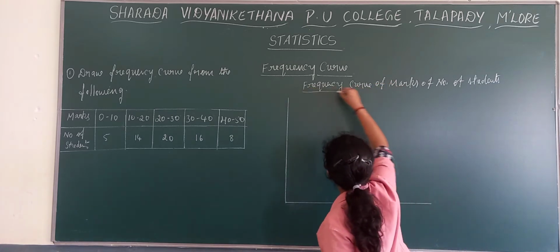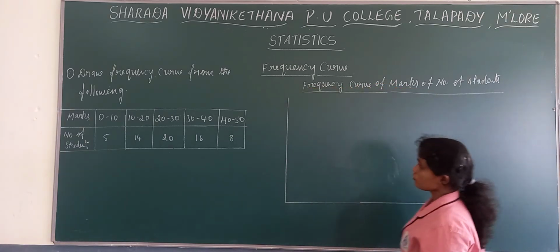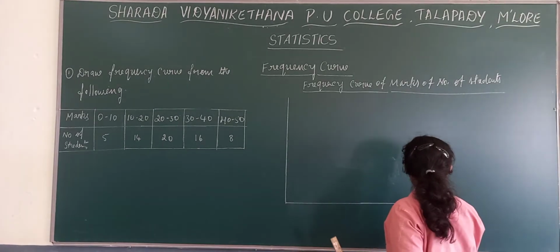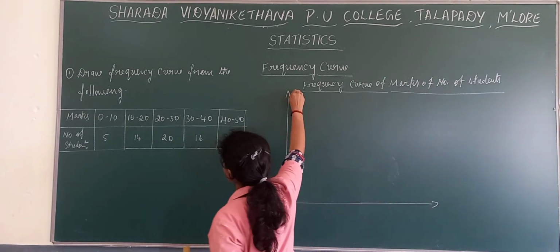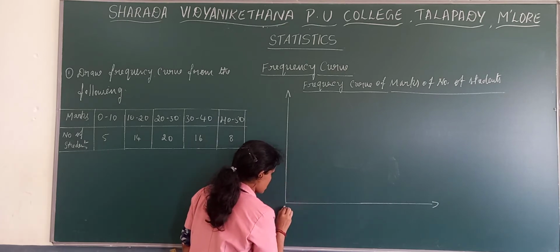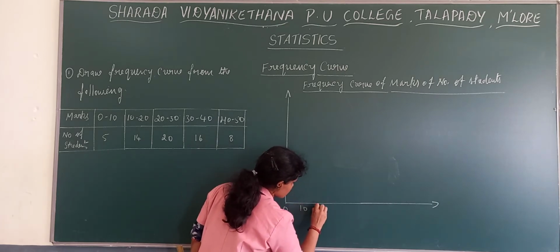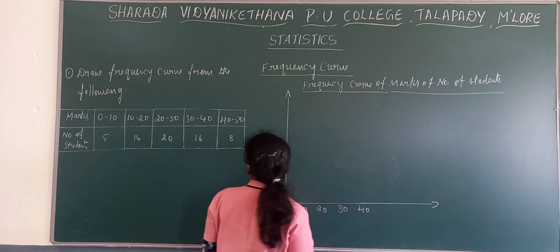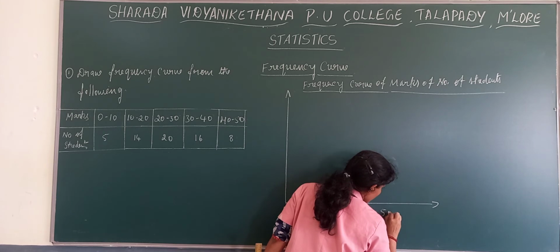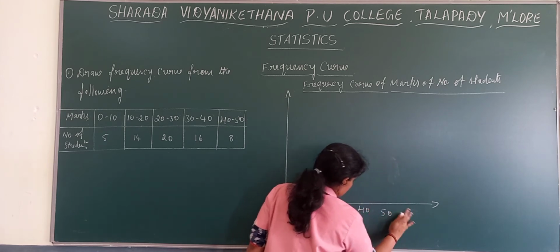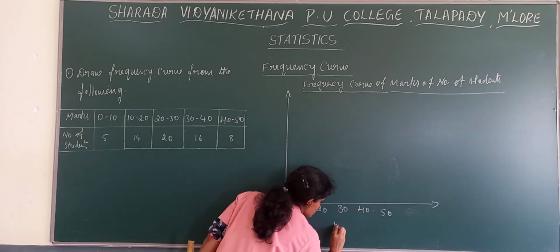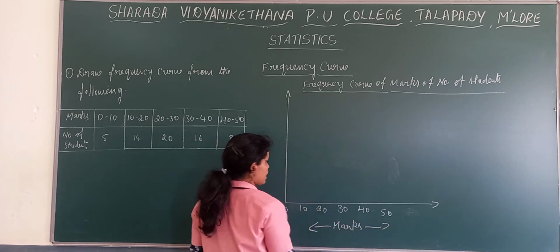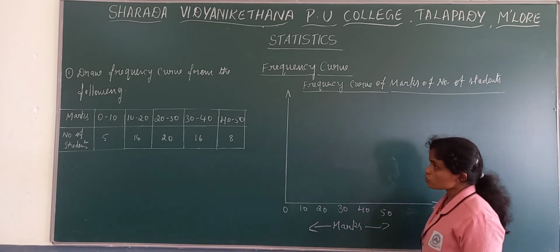Now represent the class intervals along the x-axis. Class intervals start with 0, 10, 20, 30, 40 and 50. These are marks. Then along the y-axis, number of students.